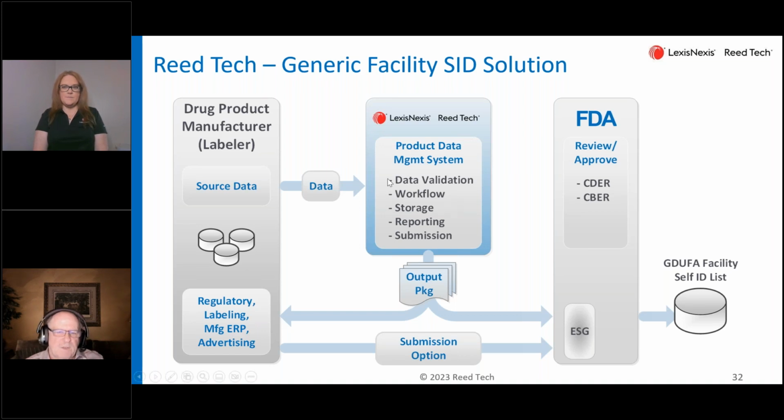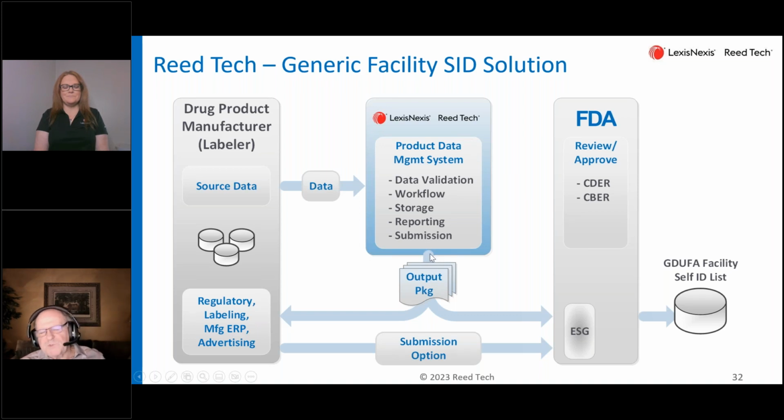And then there's some value added here. We go through the validation workflow and reporting it and building the actual XML file, the SPL file, and doing some data comparisons, to make sure that all the data that you provided to us actually did make it into that XML file.